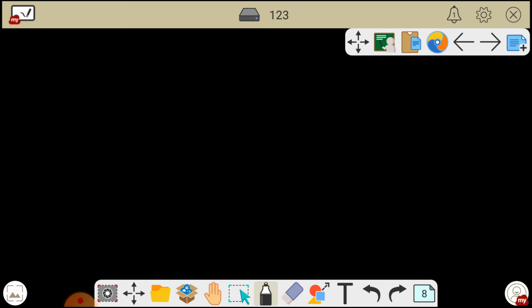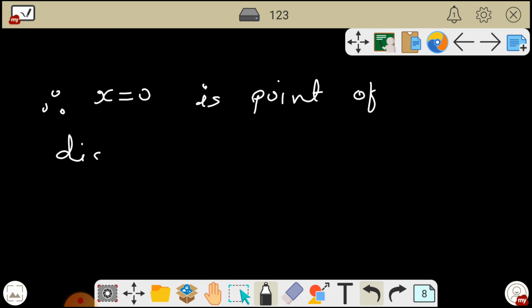So we can write, therefore x equals 0 is the only point of discontinuity of f. Why is this a point of discontinuity?